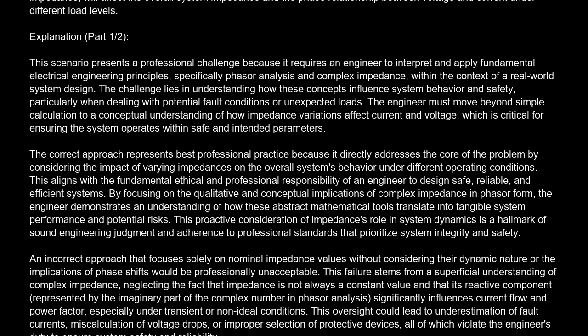This oversight could lead to underestimation of fault currents, miscalculation of voltage drops, or improper selection of protective devices, all of which violate the engineer's duty to ensure system safety and reliability.